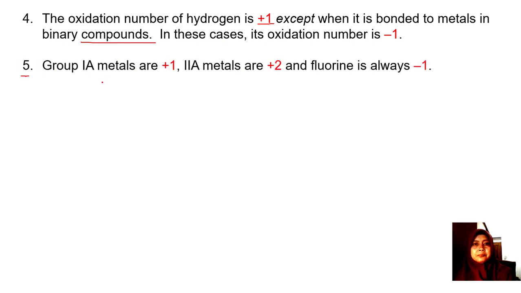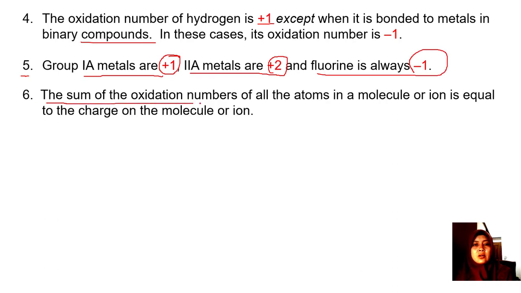Fifth, group 1A metals are always +1, group 2A metals are +2, and fluorine is always -1.